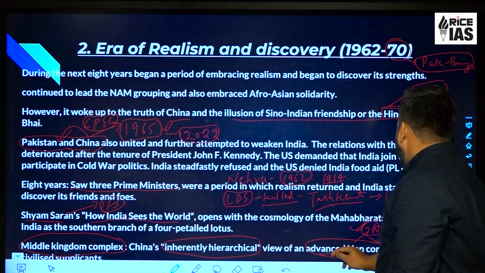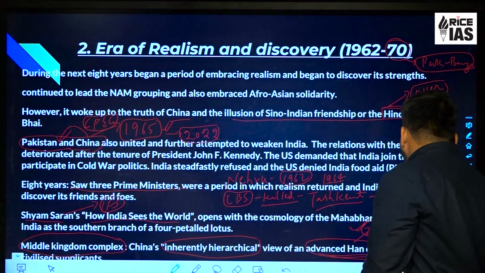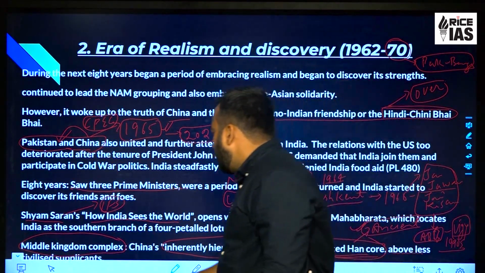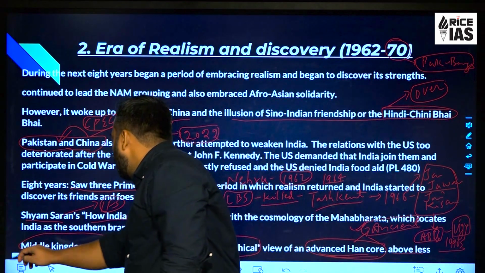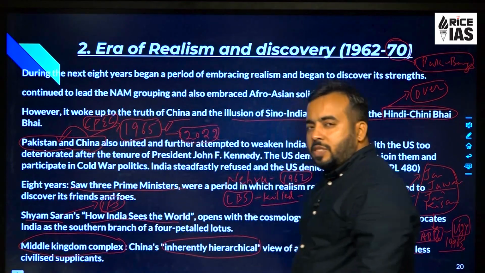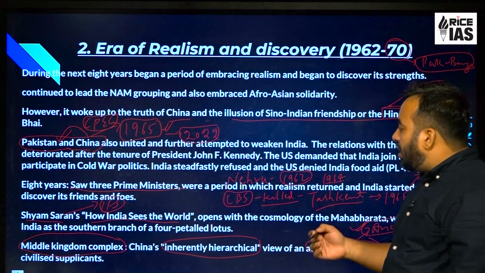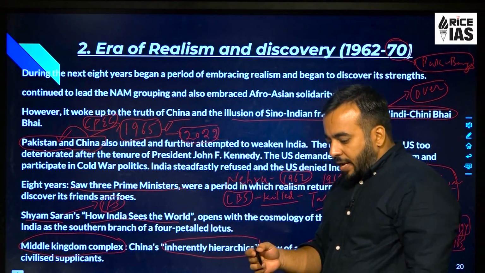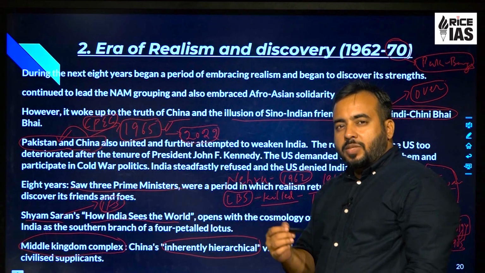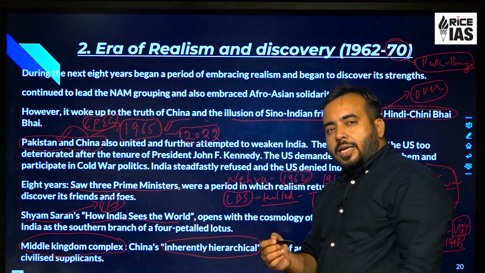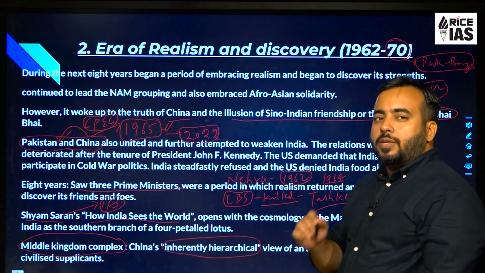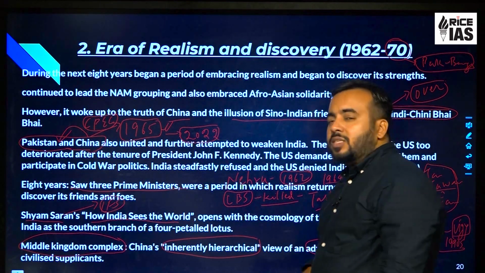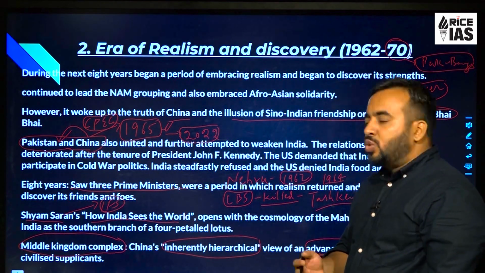Advanced civilization, advanced Han core, above less civilized nations. This is how China sees itself. It sees itself as much more advanced than others, and as the center of the world. That is Chinese cosmology, how China sees itself.